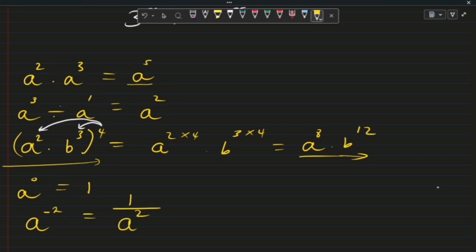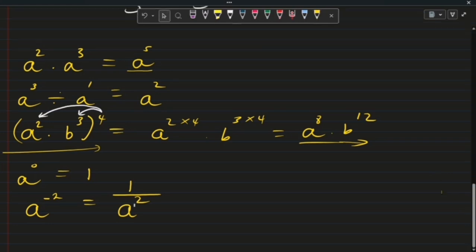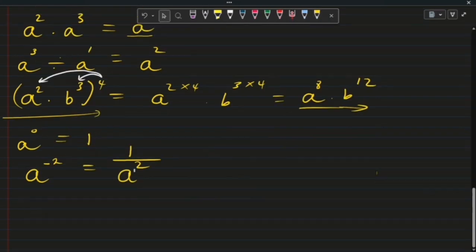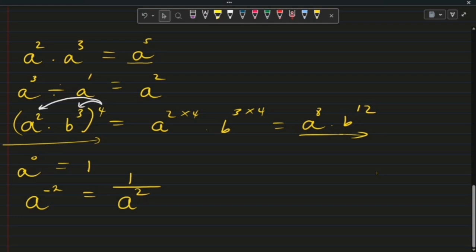So we call this the inverse law. If we have something that is raised to a negative power, we can simply say 1 over that, and then it changes the sign of the power from negative to positive. So that can be done. And hopefully I've covered all the laws.